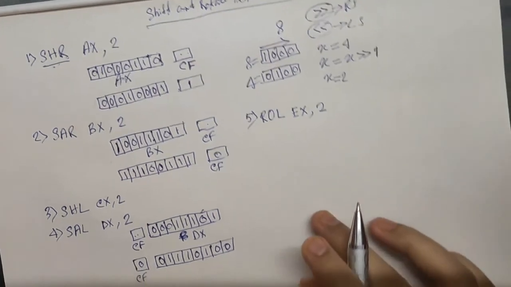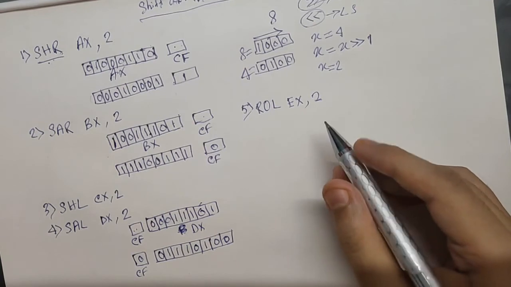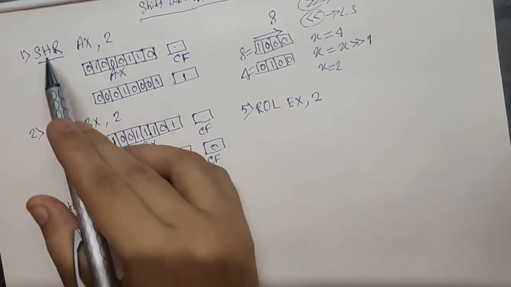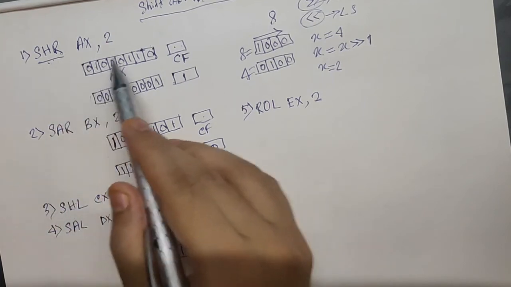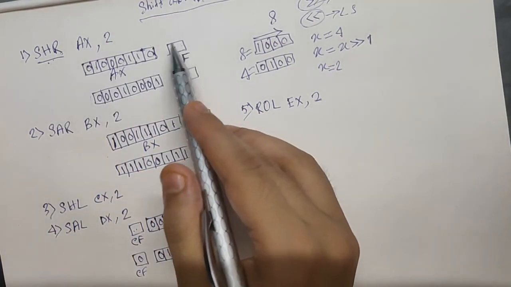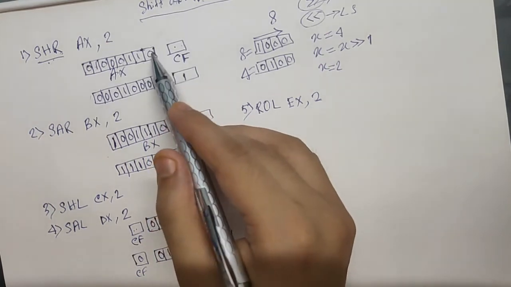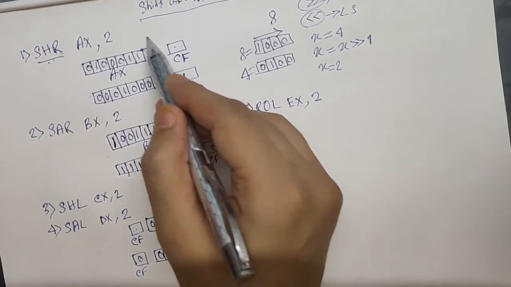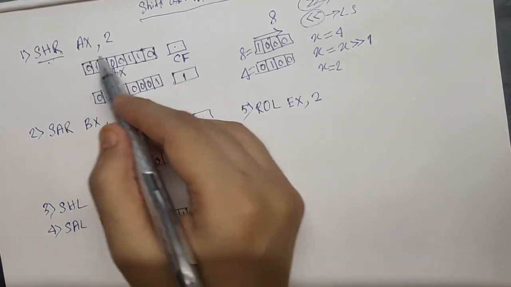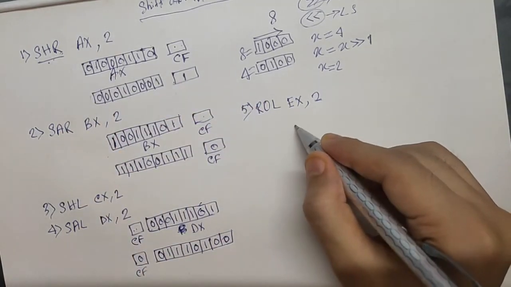Rotate is basically the same, because what we have done earlier in case of shift operation, we shift all the bits to the carry flag, but in rotate operation we will rotate the bit to the other end.